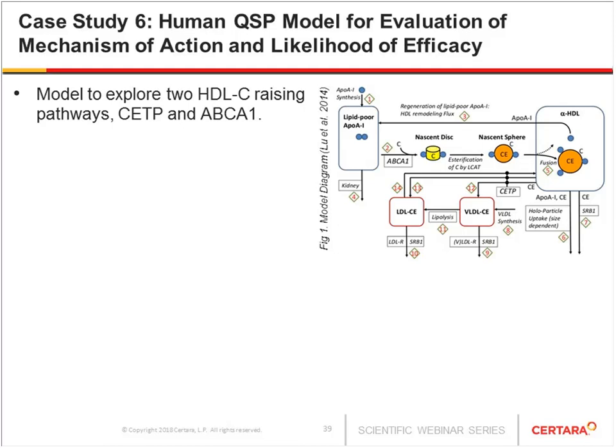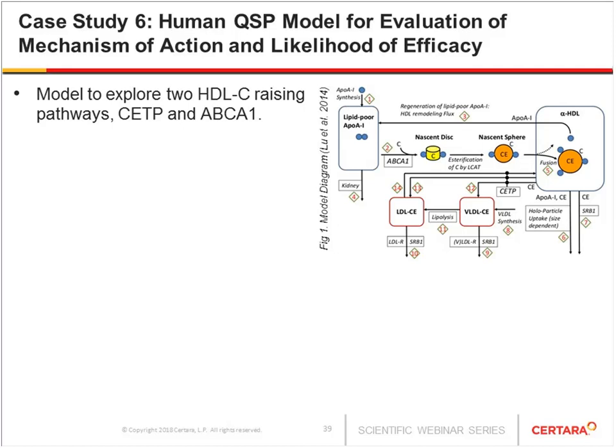As I said, a quantitative systems pharmacology model, highly mechanistic, encompassing the necessary steps to explain the disposition of cholesterol in the body and multiple other analytes that relate to cholesterol metabolism. They built this model with the intention to explore two different therapeutic interventions: on the one hand, CETP inhibition, and on the other, ABCA1 upregulation.